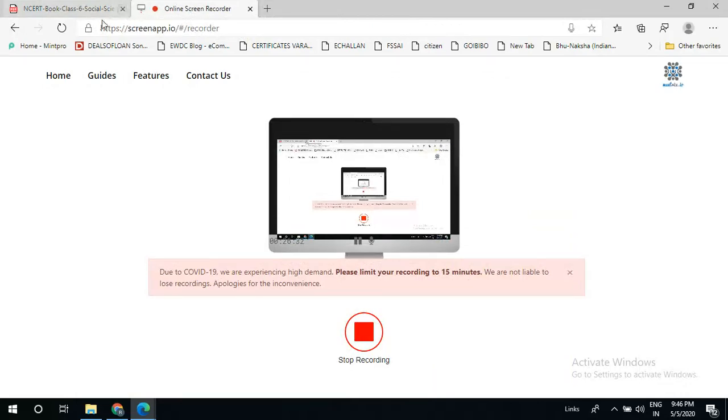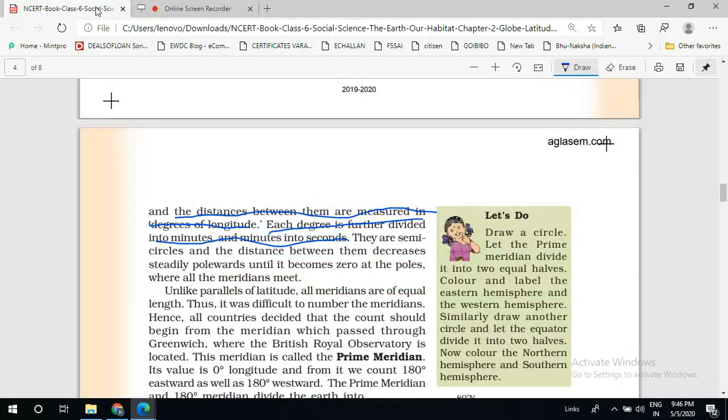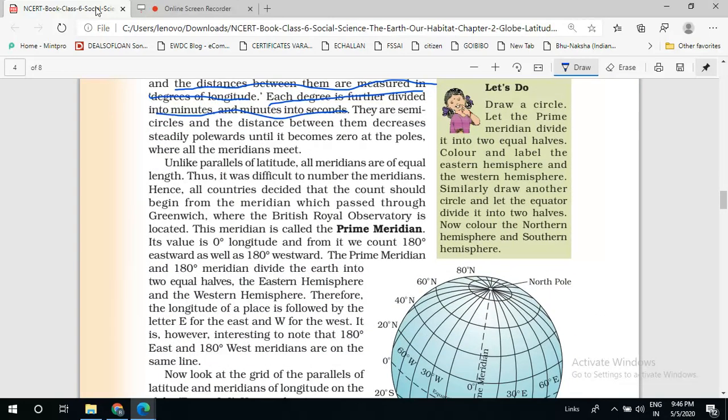So what is the situation? The situation is this, that on Earth, all the places have different times. Now, how to calculate this time? In order to calculate this time, we have made one prime meridian.